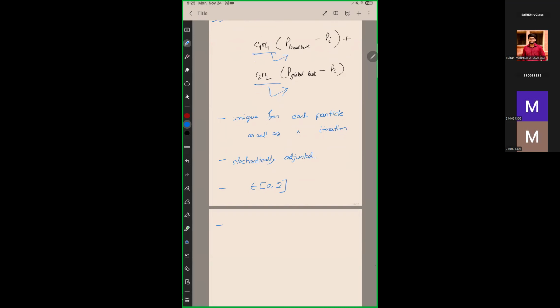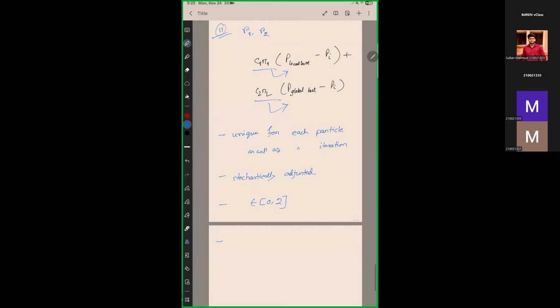See, the purpose of this is to insert randomness in the behavior. You see, we are trying to model a natural behavior of birds or ants. Now, all the birds are not going to act in the same way.